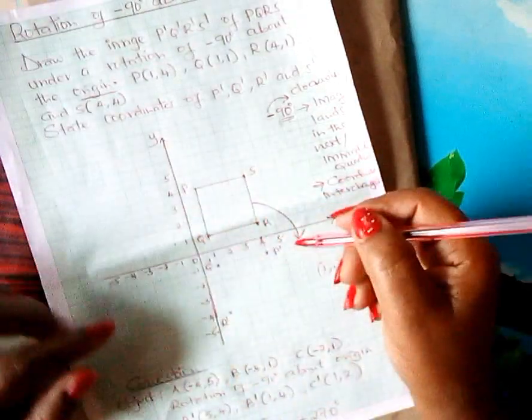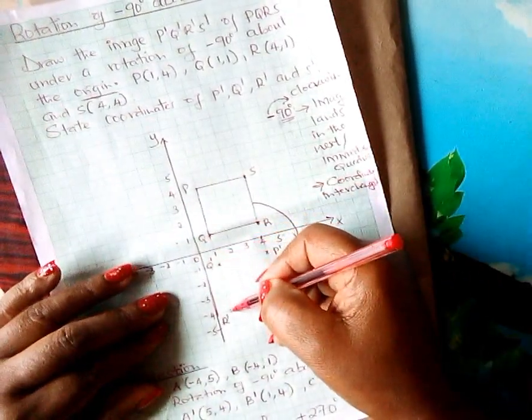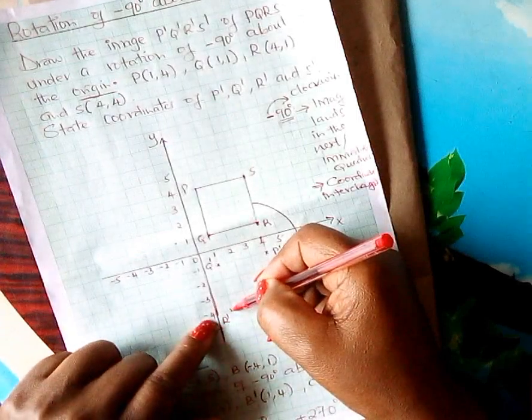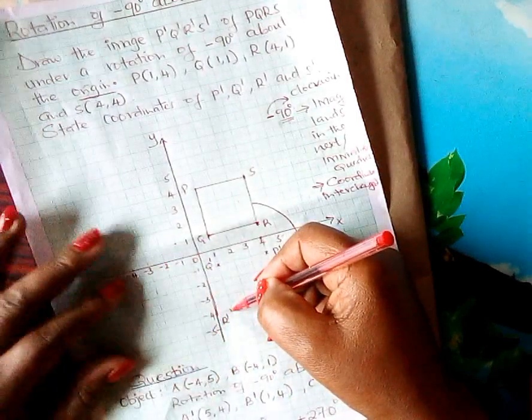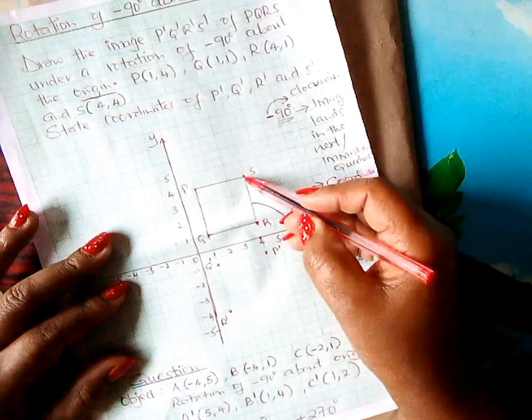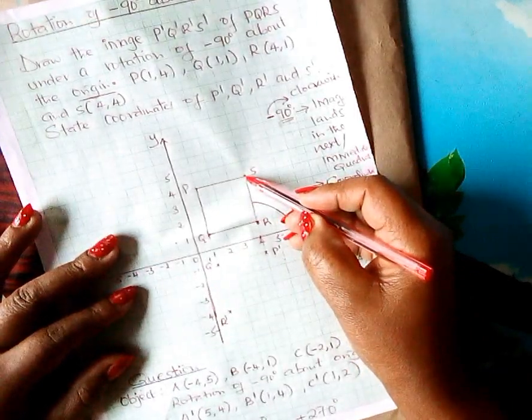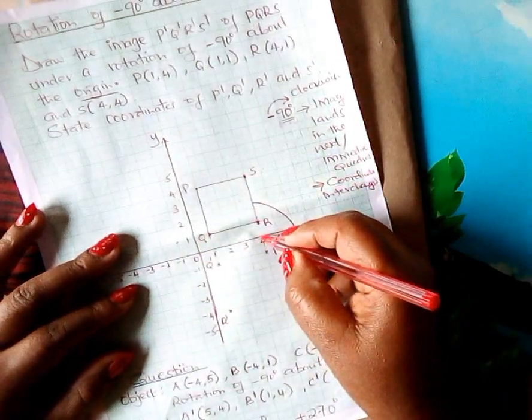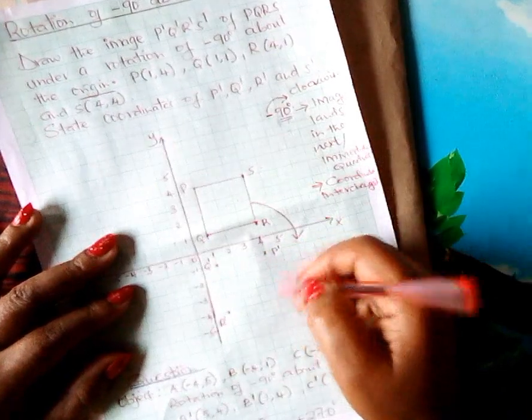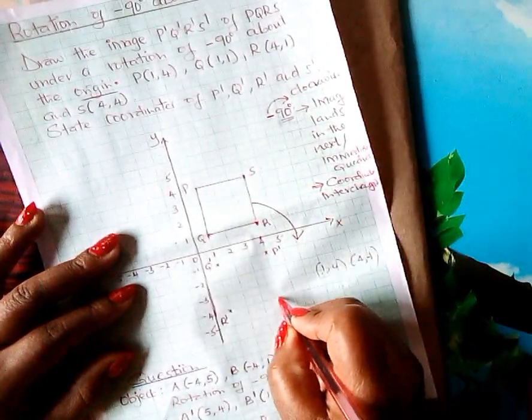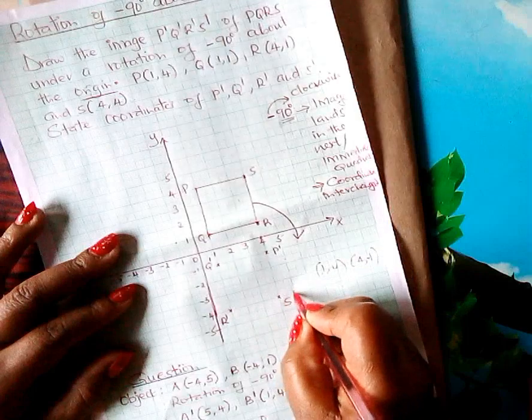You just interchange. You get (1, 4), but not 4 now. It is negative 4 because of the y-axis there. So R prime is (1, -4). We go to S. S is at (4, 4). So you just interchange. You get (4, -4). There we are.